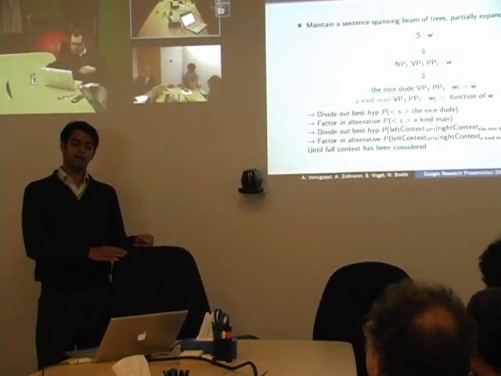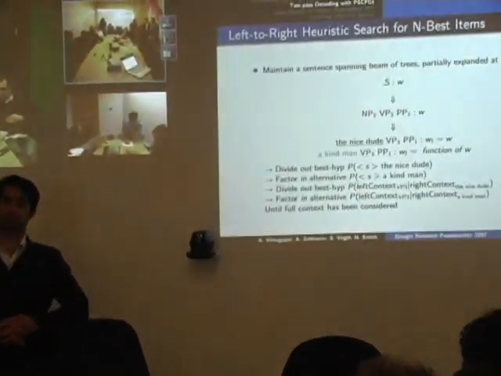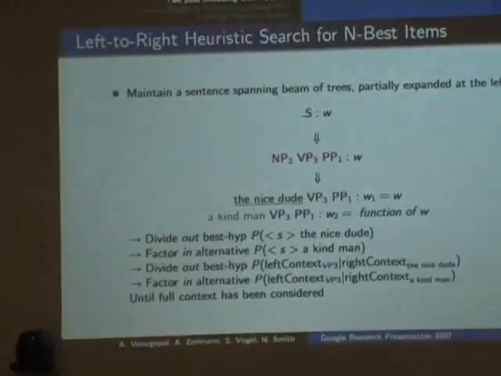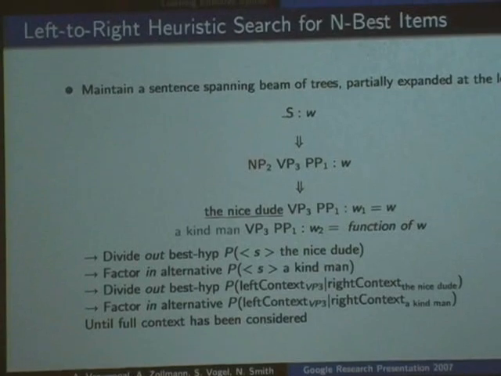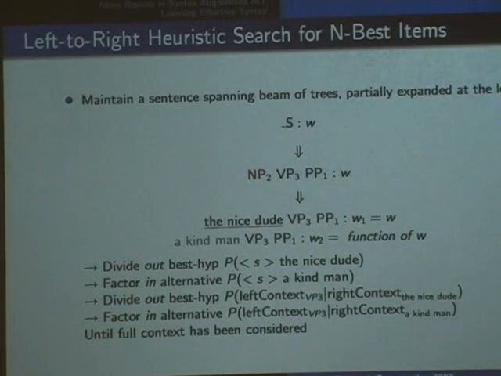So what we do is maintain a sentence-spanning beam of trees that we're always partially expanding at the left. And so when we calculate this alternative weight, all we have to do is divide out the language model probabilities that came from using the nice dude and factor back in the alternatives that came from the kind man. And in practice, this is not going to be too bad because we don't have to recompute the language model probabilities for the whole sentence, but just up to the first non-terminal.